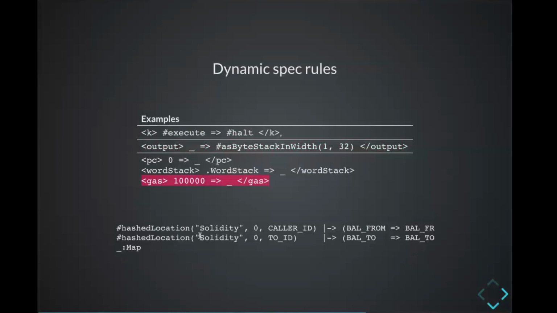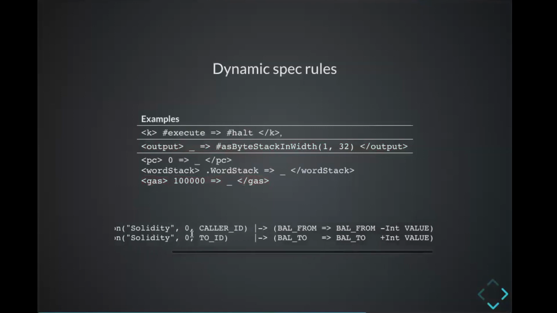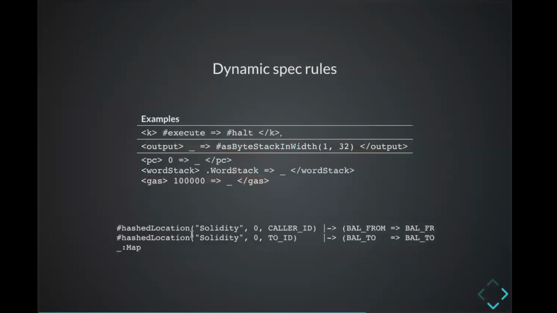Cool. So now let's put everything that has been talked about together, and you can have this beautiful contents. This is the contents of a cell called storage for an account, specifically a contract.